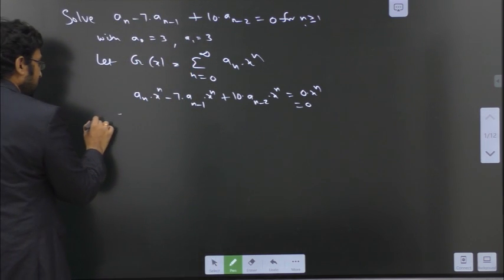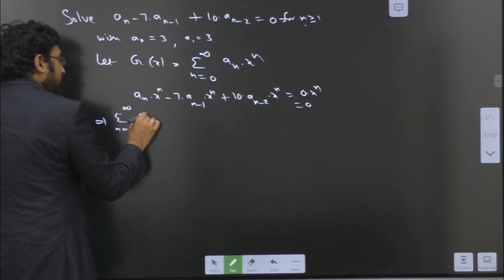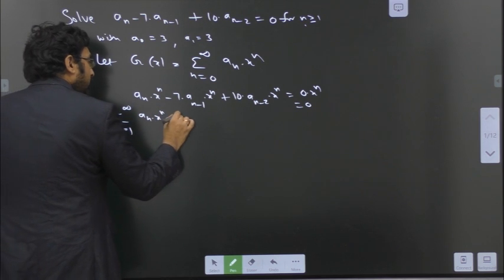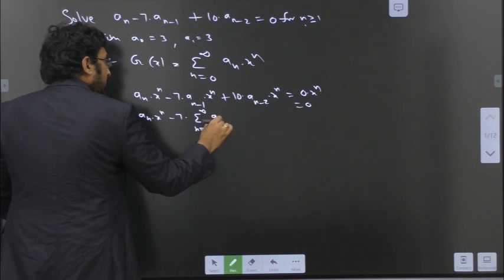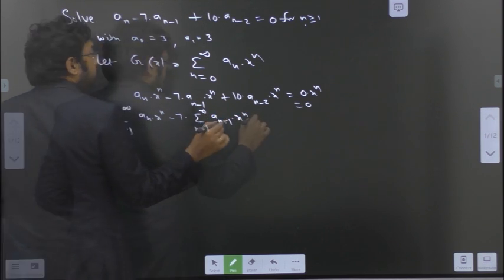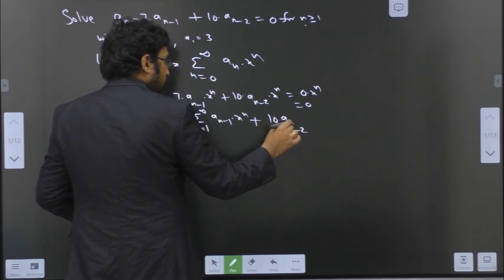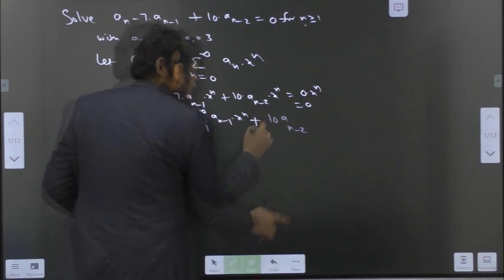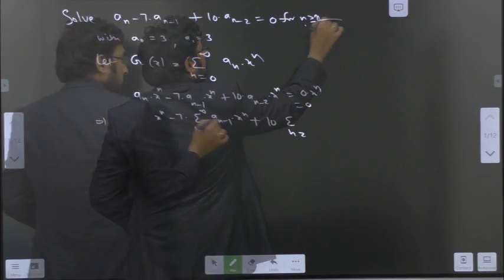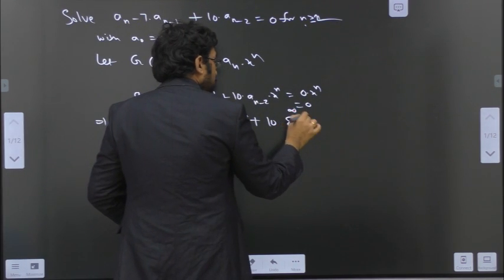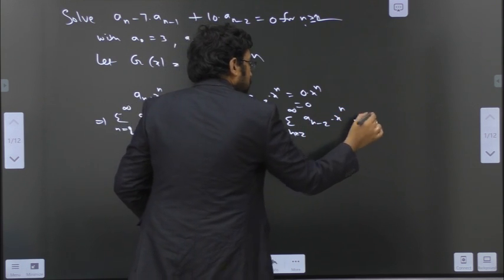So we take the sum from n equal to 1 to infinity of a_n x^n, minus 7 times the sum from n equal to 1 to infinity of a_(n-1) x^n, plus 10 times the sum from n equal to 2 to infinity of a_(n-2) x^n, equal to 0.